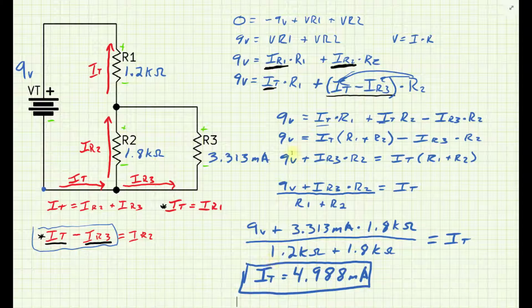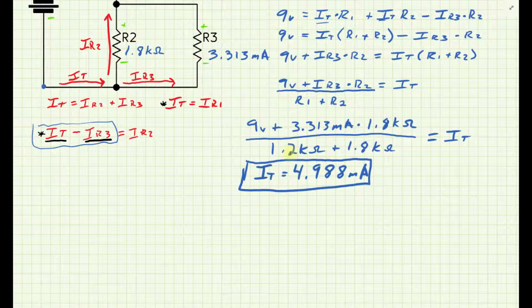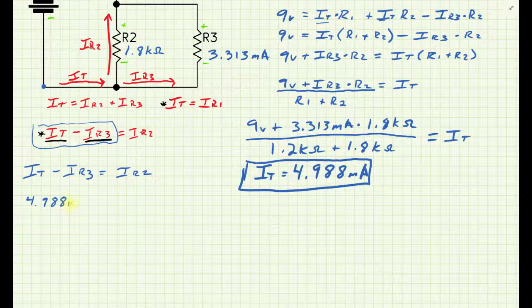Let's just do that. Let's use this same formula right here. I total minus IR3 equals IR2. So I just found I total, 4.988 milliamps, minus 3.313 milliamps equals IR2. Let's solve that thing.